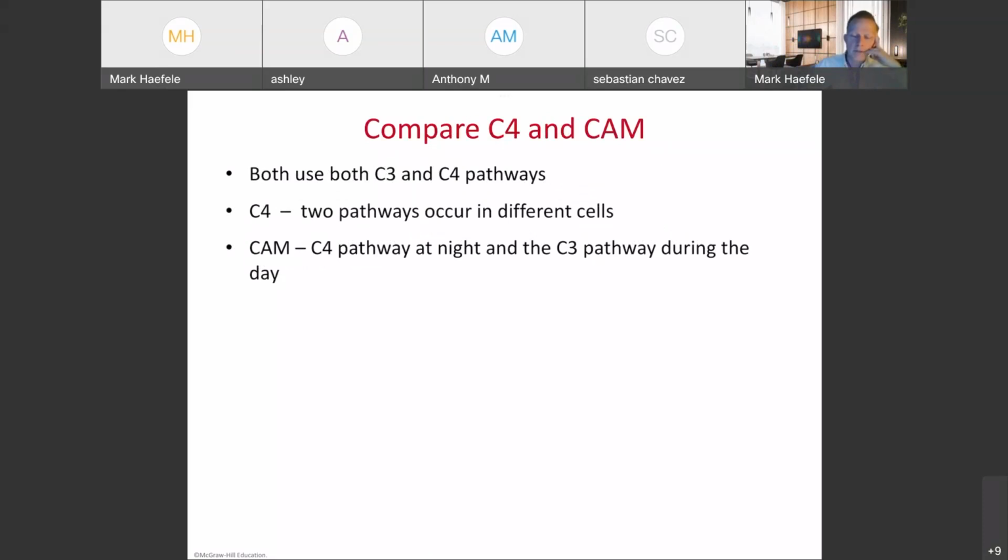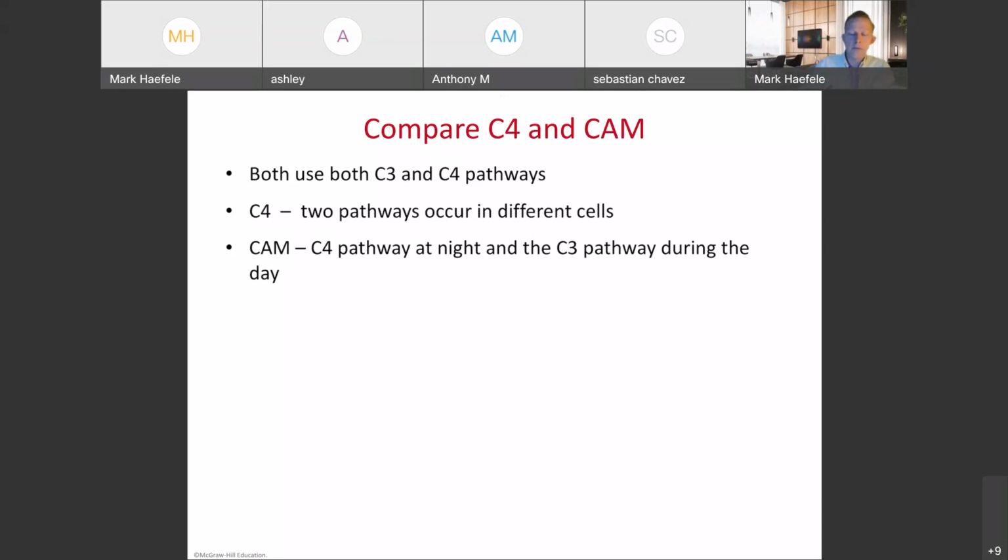So oftentimes when you take a look at CAM plants, you have some reminiscences of C3, but you also have C4 as well because you're using PEP carboxylase. So in C4 you have two pathways, fixation and then the Calvin cycle, happening in different cells.